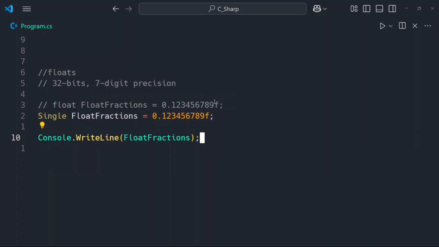But yeah, you can call it a single and it'll still work. But you should probably just call it a float.